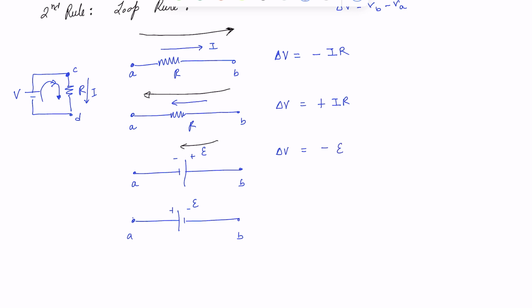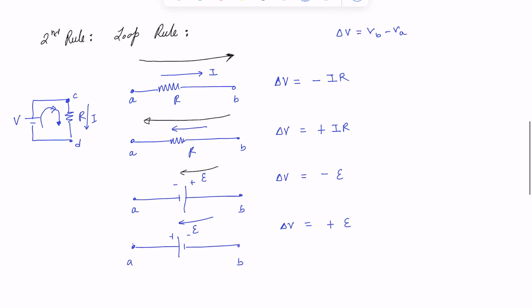A has lower potential than B, see this minus and this plus. And if you're coming in from the other side, then delta V is going to be plus epsilon, because you're gaining this potential difference as you cross the battery.